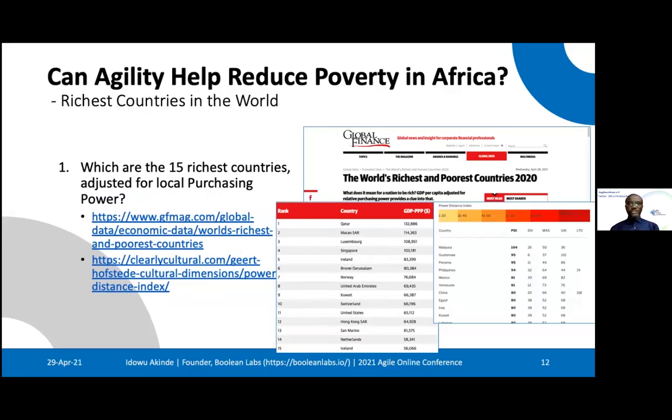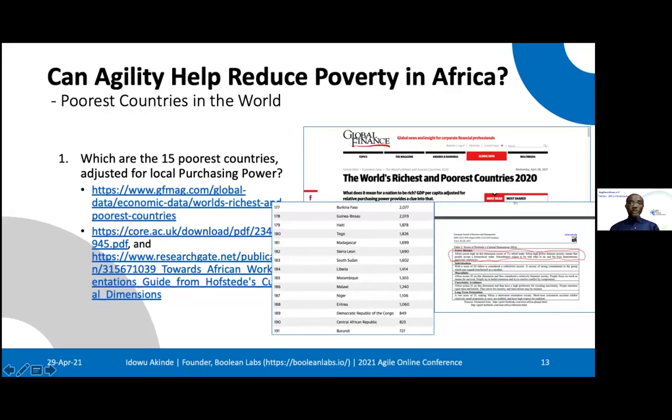However, you discover that coincidentally, 14 out of these 15 countries are African countries. The countries with the lowest local bang for their buck, if I may use that term. I hope that term is easily comprehensible to everyone.